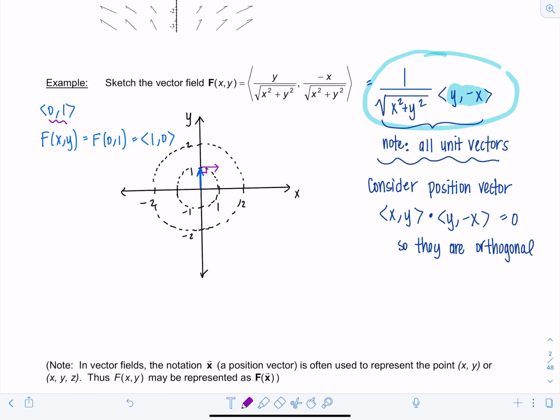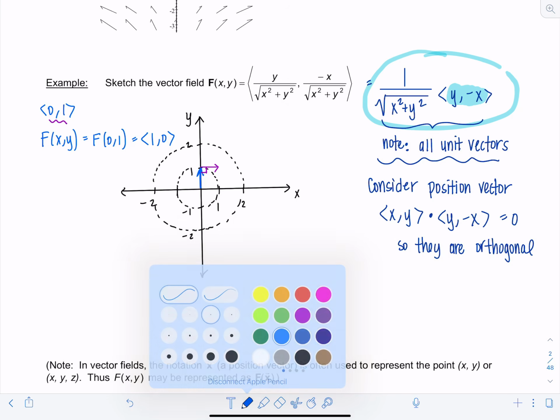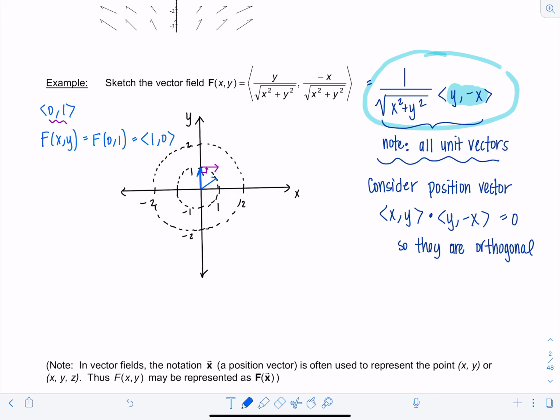If I had another one, maybe it went here, right? Then I know the vector that results from this vector field is going to be orthogonal, and it's a unit vector. And notice the direction that they're tracing out is counterclockwise. And they're all going to be tangent to this circle. Okay, and then same thing on the outer one.